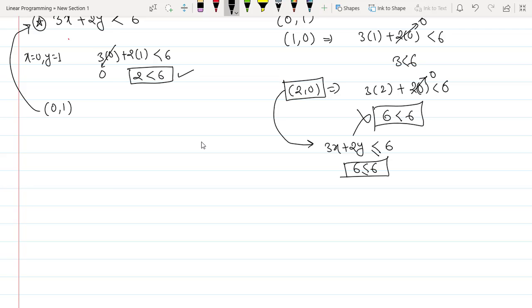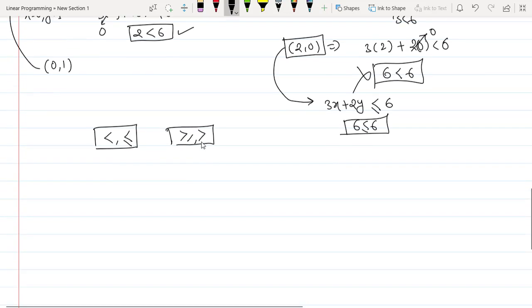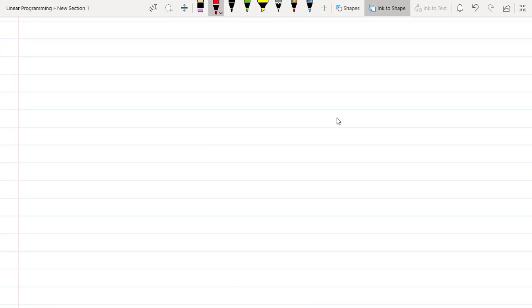So there is a huge difference between less than and less than or equal to, greater than and greater than or equal to. A huge difference between these. Okay, so please make a note. Great. If you understand these things, then the problem is very simple.